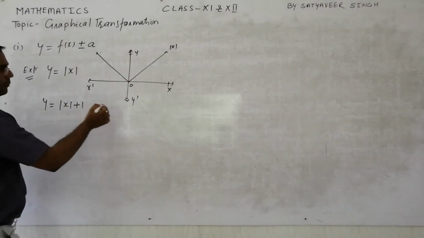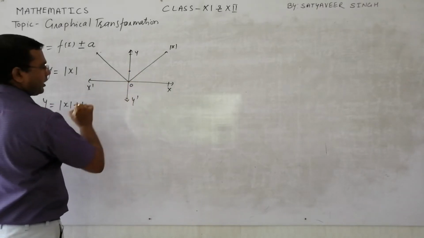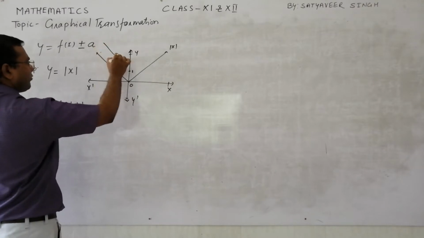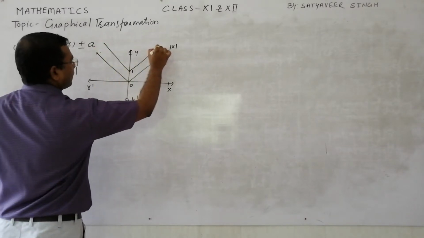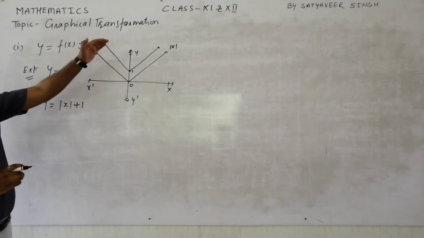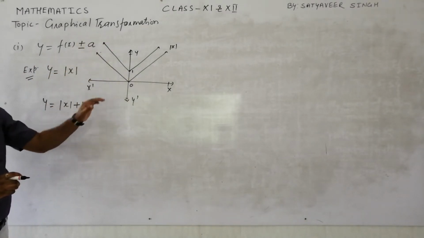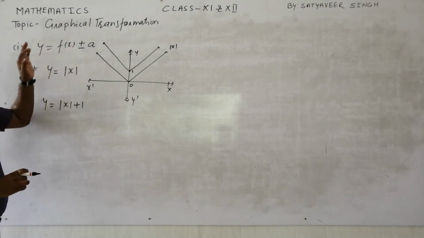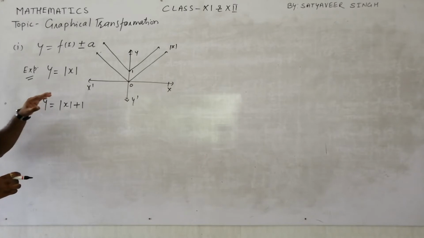If I write plus 1, then this graph will shift up by 1 unit. The vertex of the graph will reach 1 on the y-axis. Means the graph changes its position on the y-axis, up and down, if we are adding or subtracting something from the function.